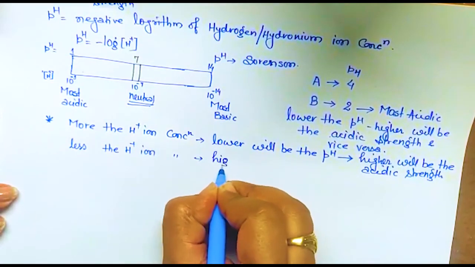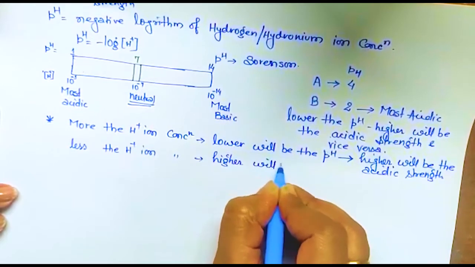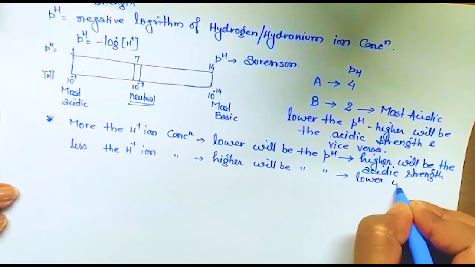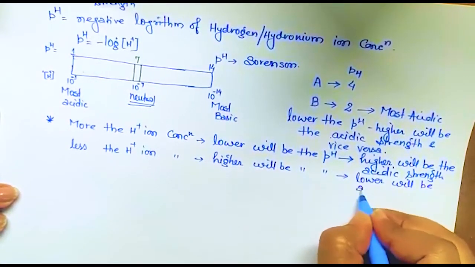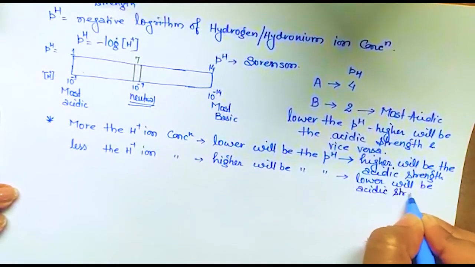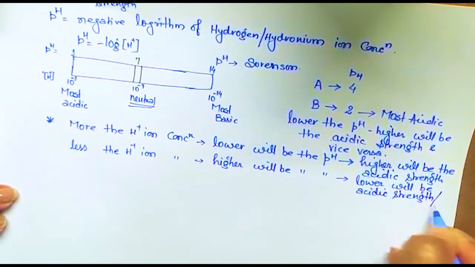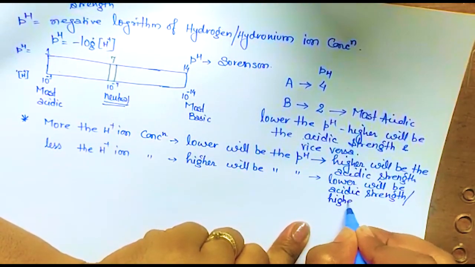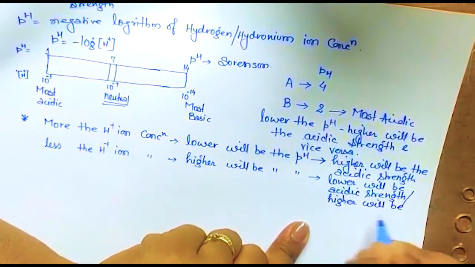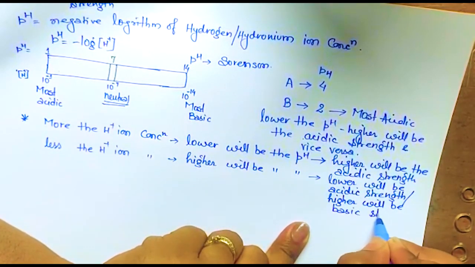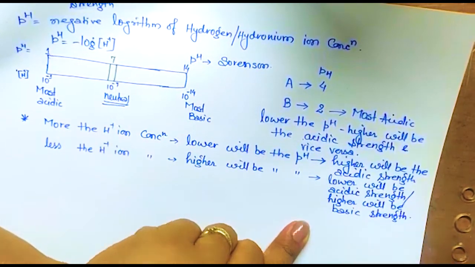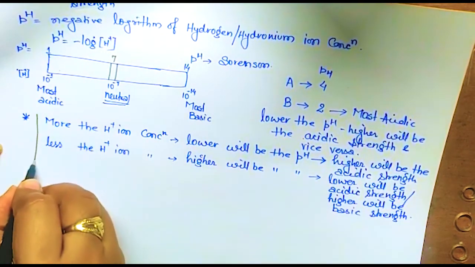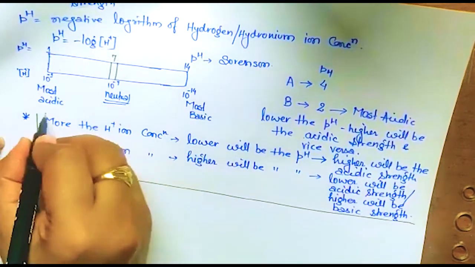The pH will be higher, so the acidic strength will be lower, or you can say the basic strength will be higher. Clear? Any doubt in this? Okay. So this is a very, very important point you have to learn.